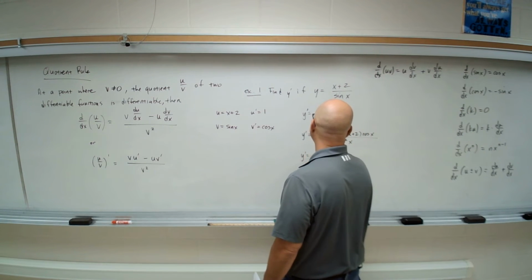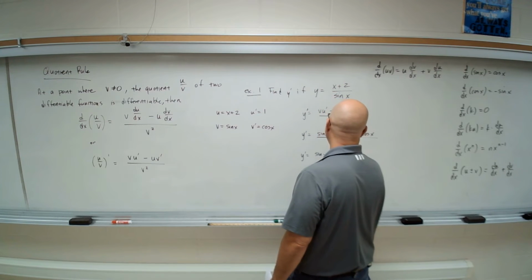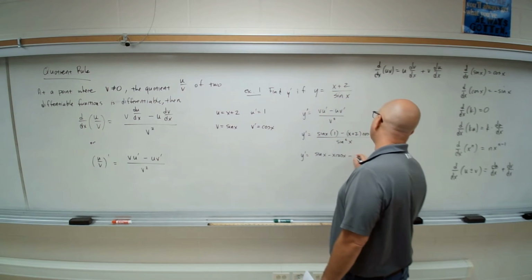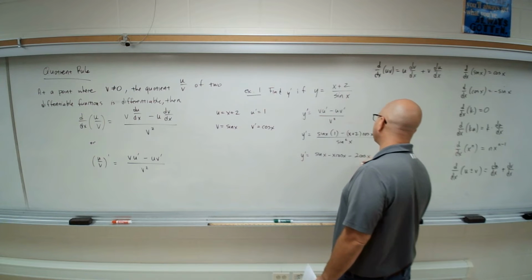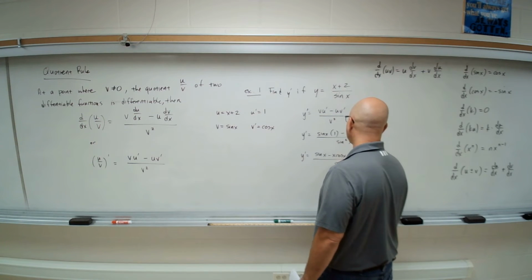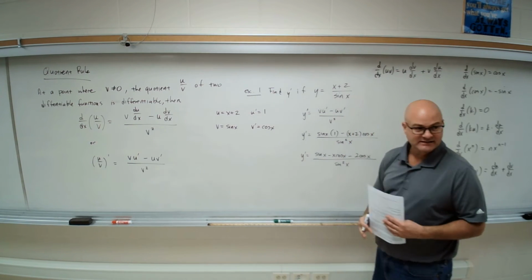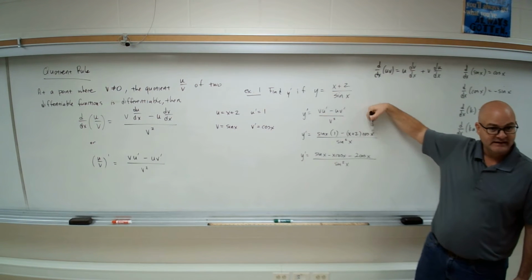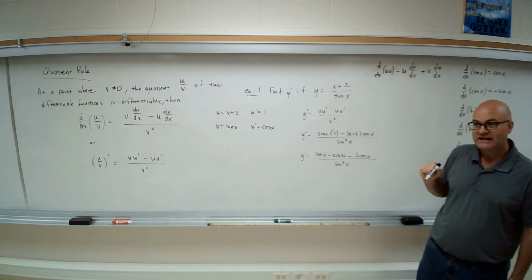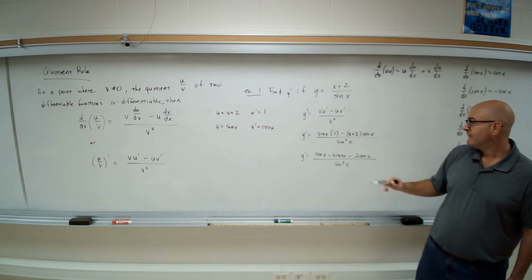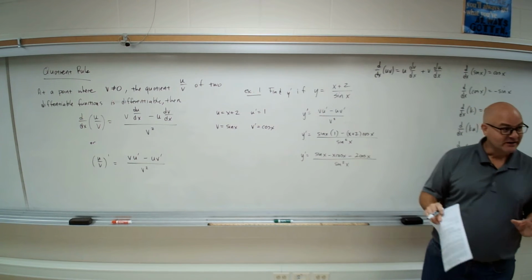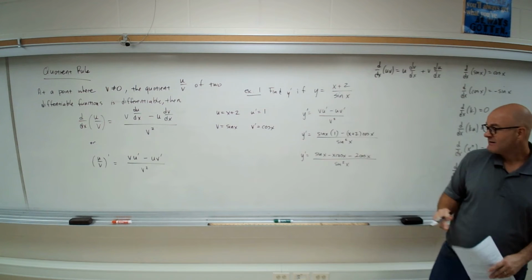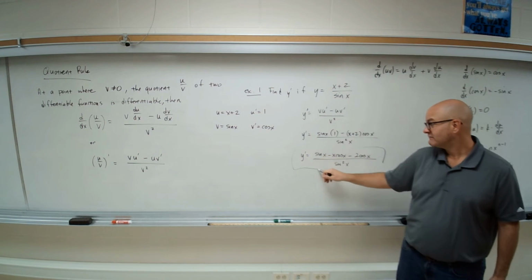So we're going to get sine of x minus x cosine x minus 2 cosine x over sine squared x. That makes sense. This negative got distributed into both of these. That's really essential to note. There are a lot of ways we could try to simplify this and modify it, but this is a great final answer. We're good.